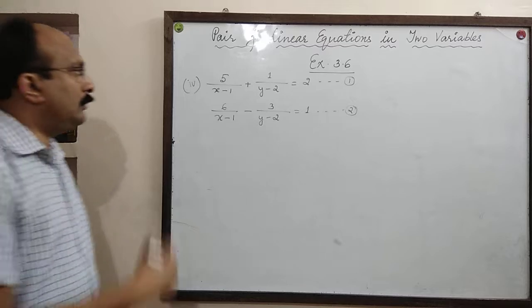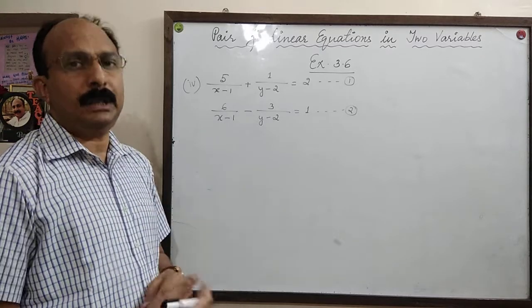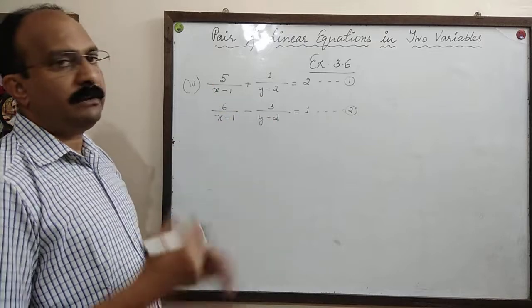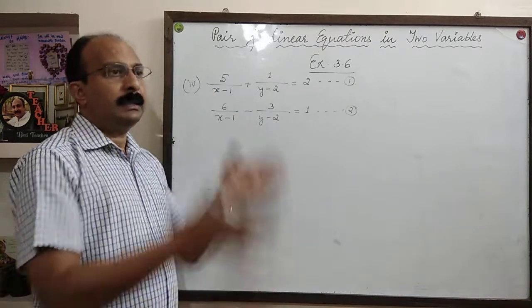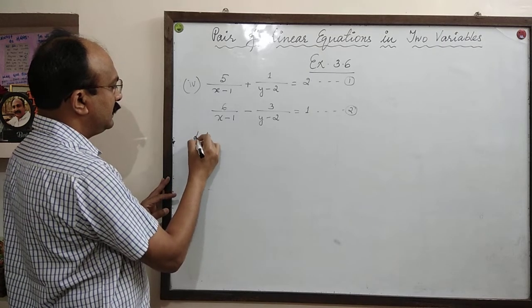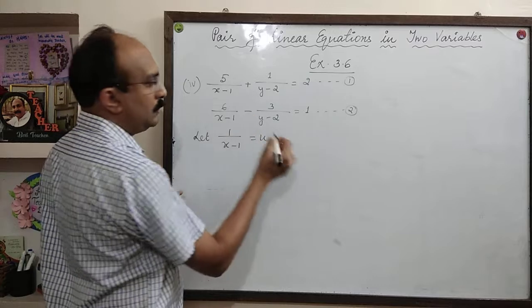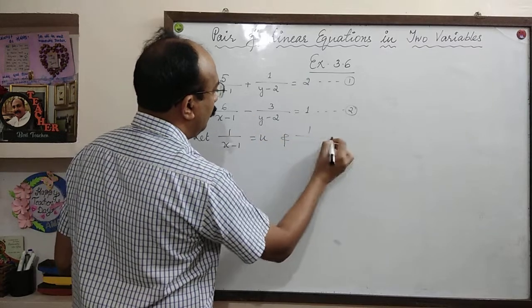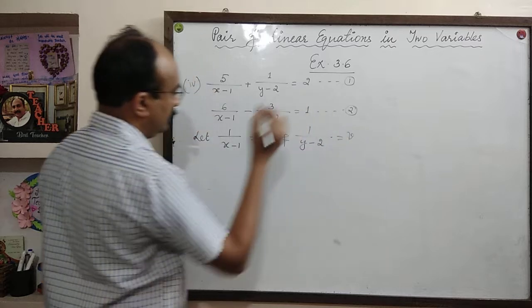Now some more complication is added. In place of x and y we have x minus 1 and y minus 2. No problem. The method is saying let 1 upon x minus 1 is equal to u and 1 upon y minus 2 is equal to v.